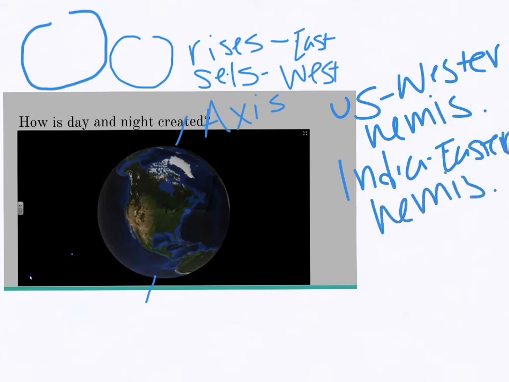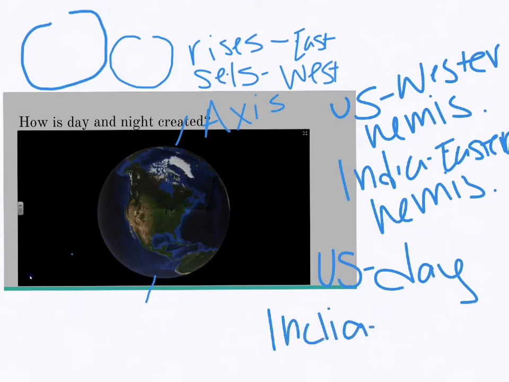So what do you think that means when we talk about day to night time in relation to the United States and India? Good. So you should have said that when it is daytime in the US, it is going to be nighttime in India. And that is due to what?